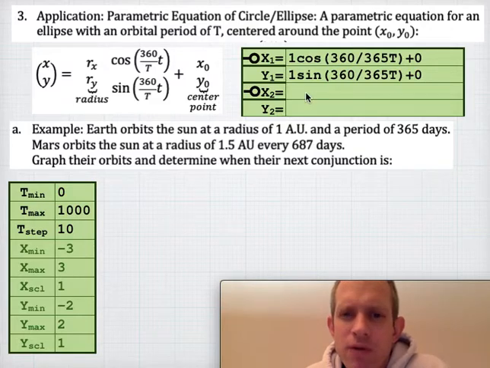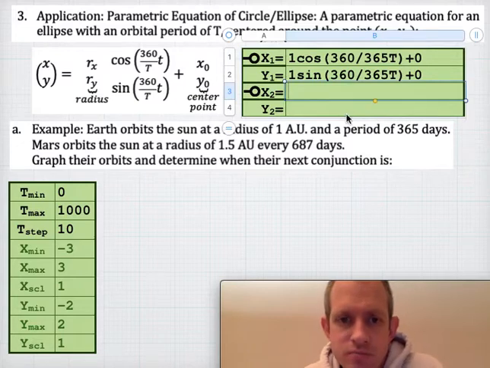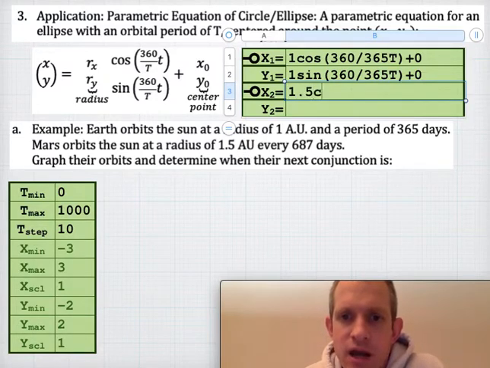But before we do that, why don't we add Mars's equations in here too? If we put their orbit in, they're a little further out at about 1.5 AUs. And so inside of the cosine is going to be 360 degrees divided by 687 days for one Mars orbit, times time.